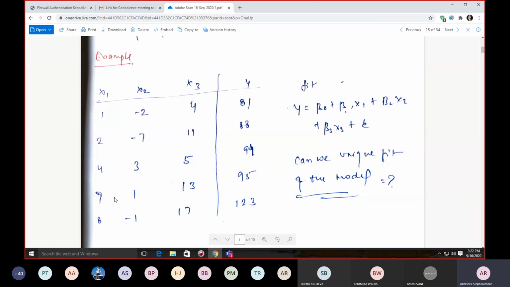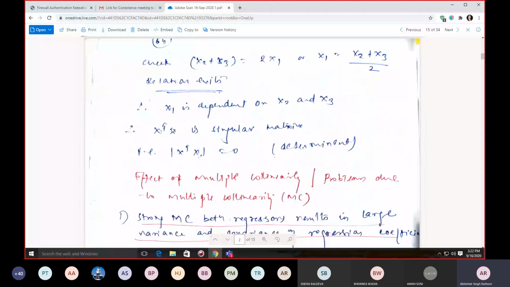So we don't have any solution for this x1. We cannot say that we can have a unique solution for this model, because this beta 1 can take any value, because it reduces to 0 over here. So we can't say that we are getting some exact solution available over here.